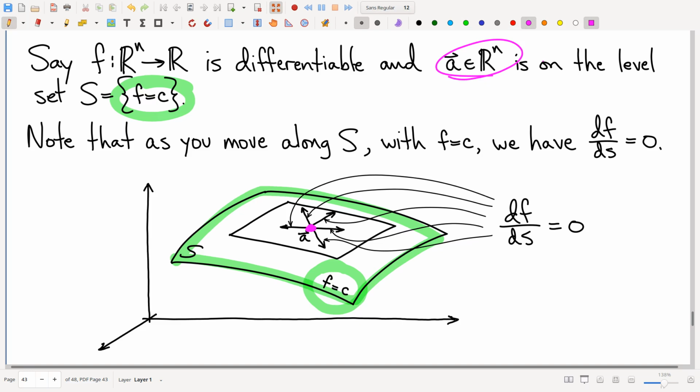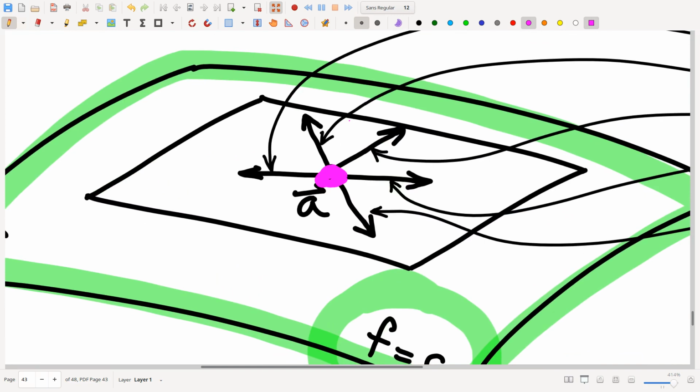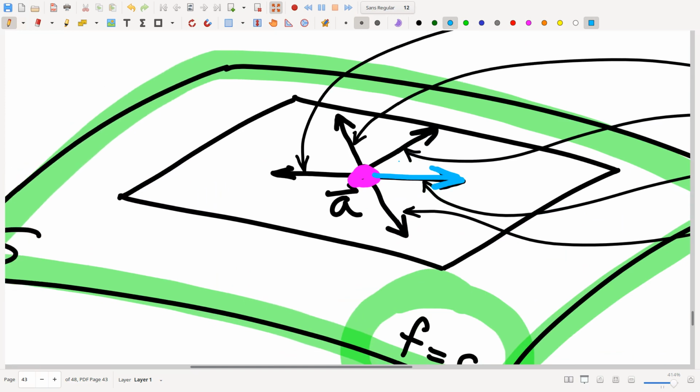Right, and now let's entertain what happens as from that point I start moving in the direction of a tangent vector. And what's going to happen? How fast does the function change if from this point on the level set I start moving in the direction of a tangent vector?